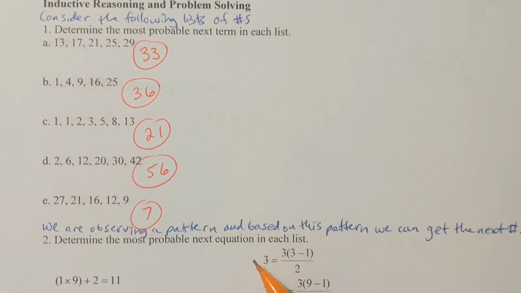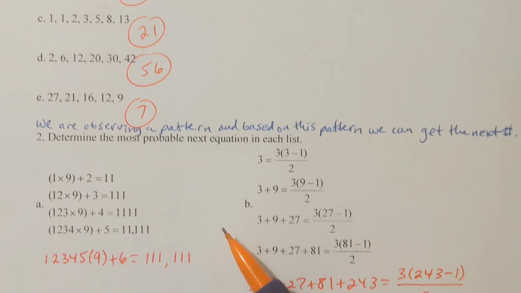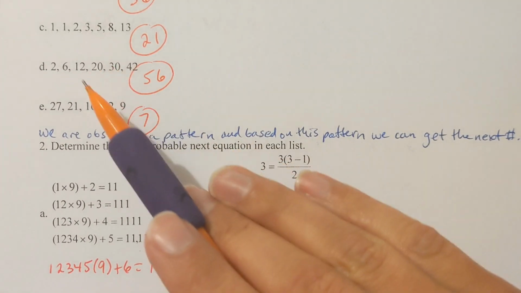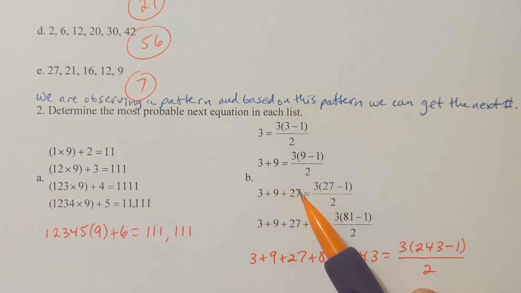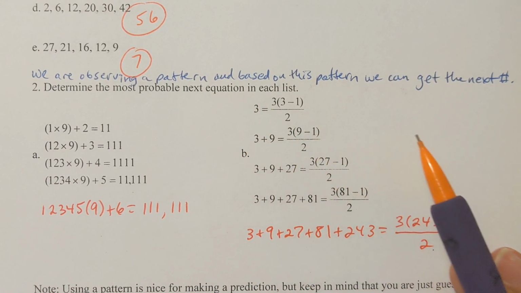Now there's some problems in the book where they won't give you a list of numbers, but they'll give you a list of equations, and they want you to determine the next most probable equation in the list.